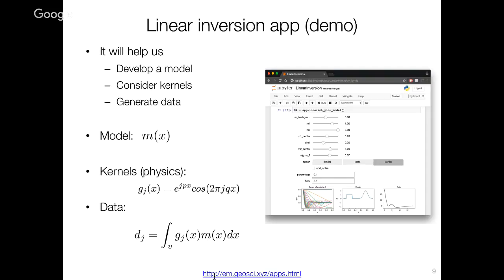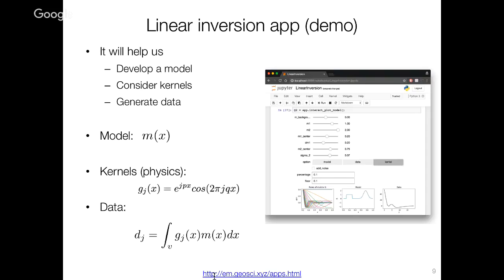The app will have the flexibility for you to make quite a variety of models. They're a combination of boxcars and Gaussians. So the boxcar could be located anywhere in this box from 0 to 1. It could have an arbitrary amplitude, positive or negative, and the Gaussian can have whatever width you like, can be centered at some place, and also have an amplitude.